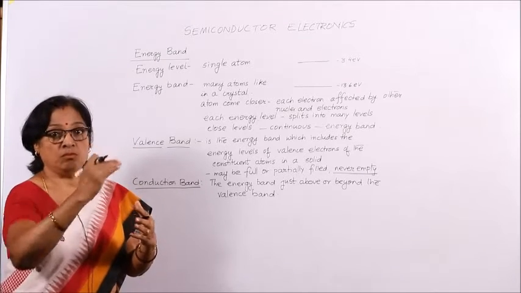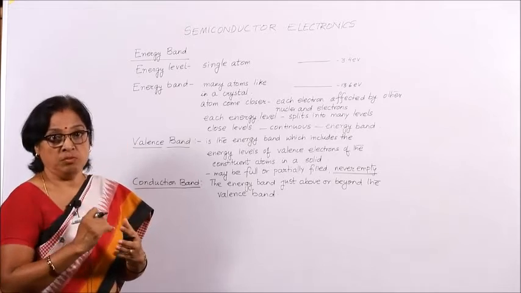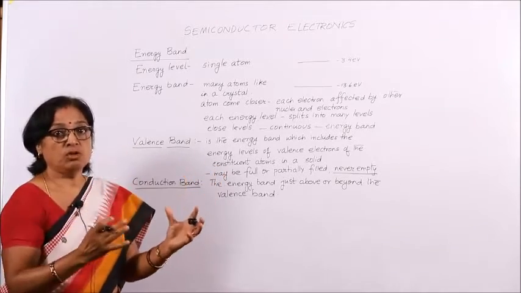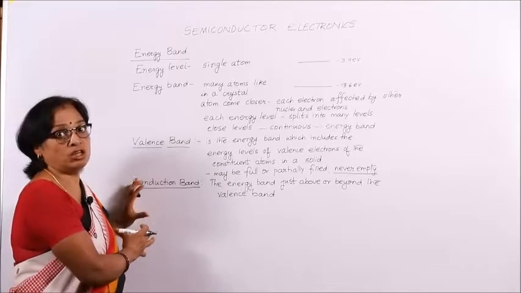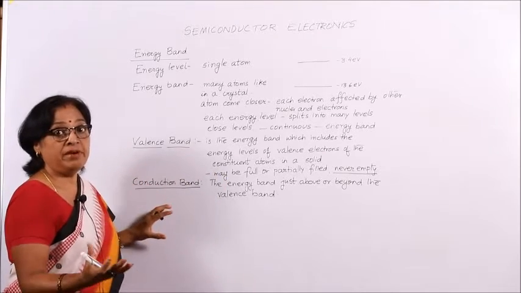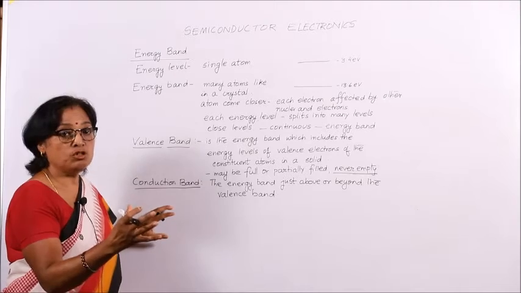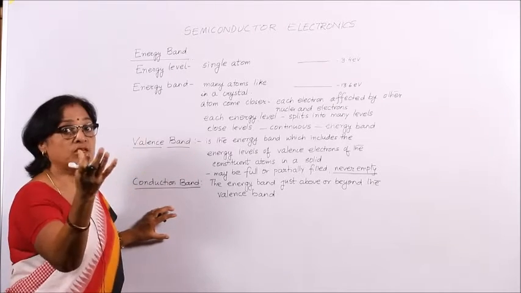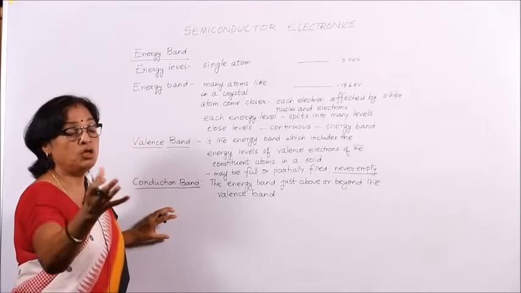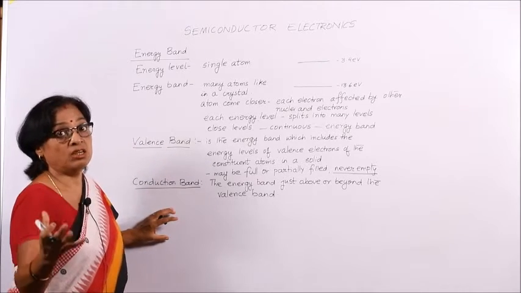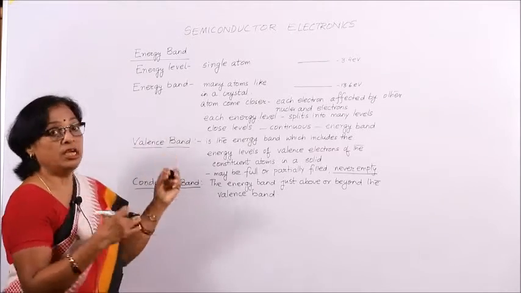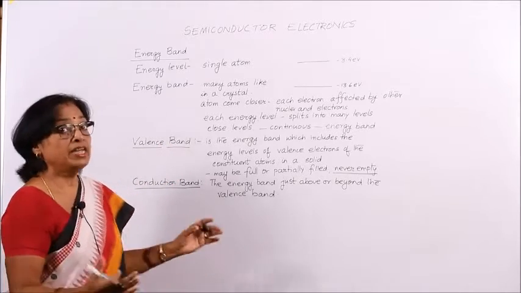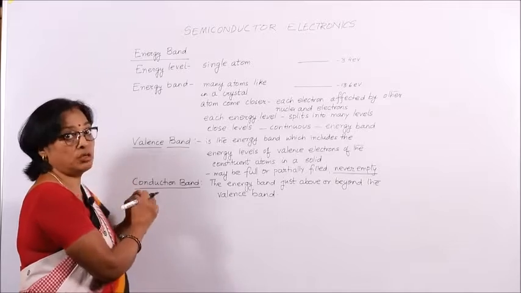That means it is free. It is not attached to the atom. It is in no way connected to the atom. So the free electrons are in the conduction band. If a material has free electrons, it can conduct, because the electron can move from atom to atom. Such a thing is a conductor. In conductors, at normal temperature, you will find many free electrons in the conduction band.